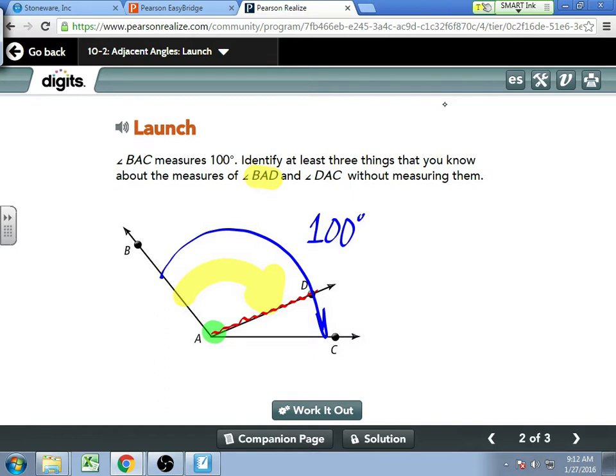And DAC, which is my smaller angle there. What are some things we could identify about them? Some statements we can make. Karina? BAC is obtuse. That works, but since it tells me it's 100, that's kind of easy. I do agree with it, though.